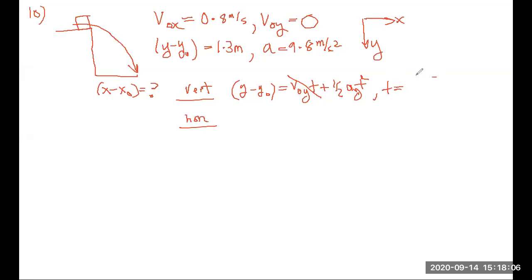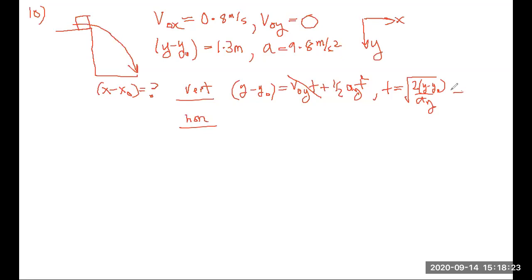And time, if you rearrange the equation, comes out to be twice the displacement divided by the acceleration of gravity, and then the square root of that.